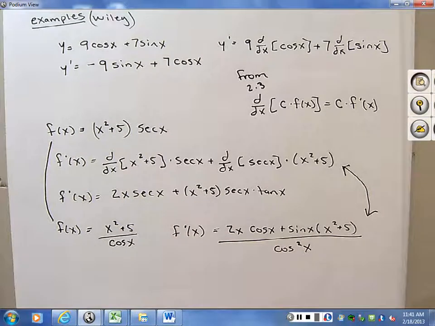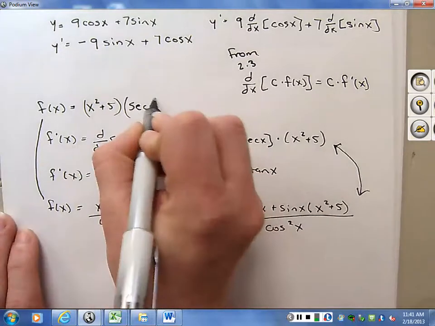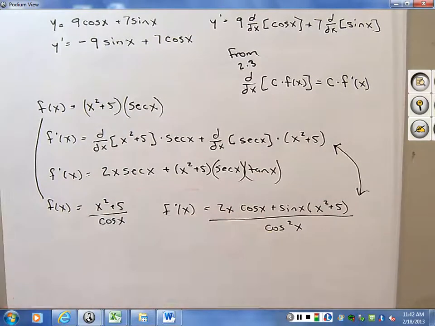Question? I was just going to ask because, for me, it's easier to keep them all in parentheses, like 2x in parentheses, the secant x in parentheses. If you want to put it like this. Yeah, that's perfectly fine. I actually have the secant and tangent together, just grouped.